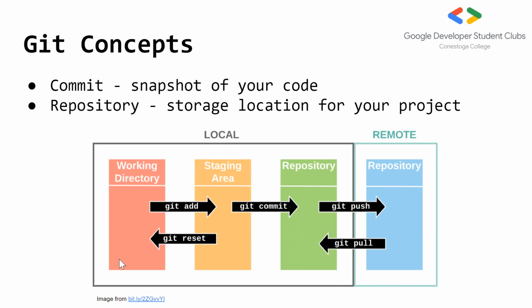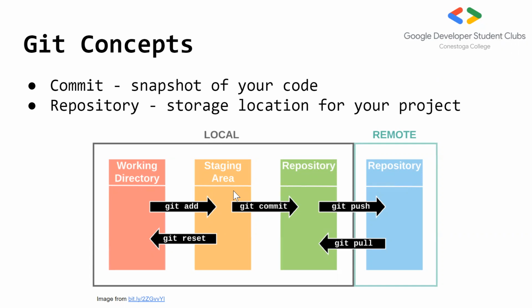Working directory is essentially your project, and I will show you on the next slide. Working directory is where you work, where you create your project on your computer. Staging area is a preparation area for doing your commits, right? Sometimes you want to add multiple files, for instance, to your commit.